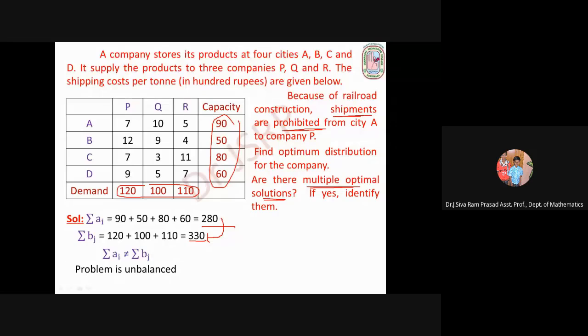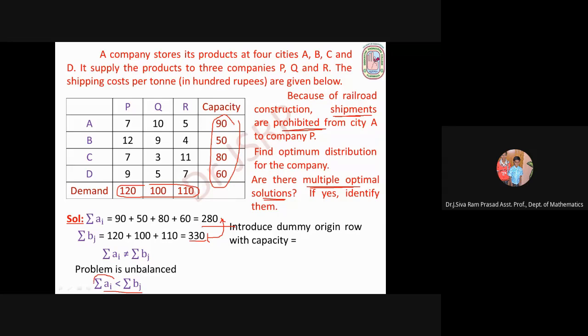That means the available amount is less than the required amount. Okay. So how do you compensate it? So sigma ai is less than sigma bj. How do you compensate? We introduce a dummy row with capacity.